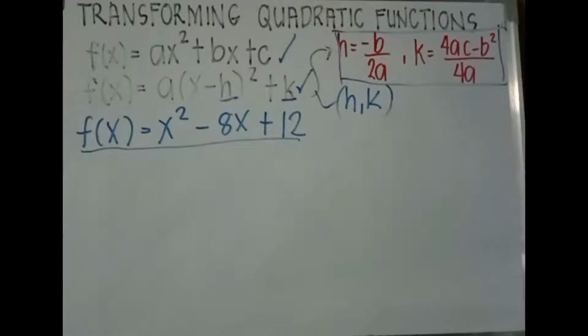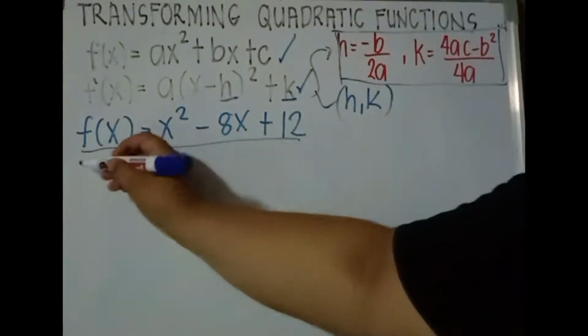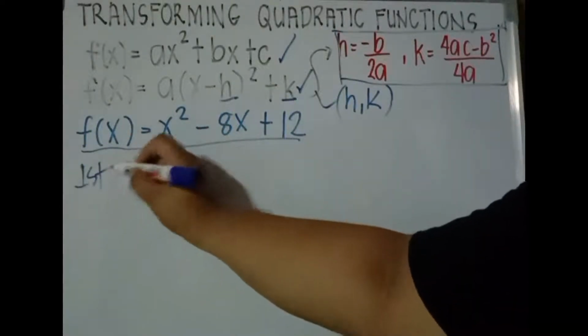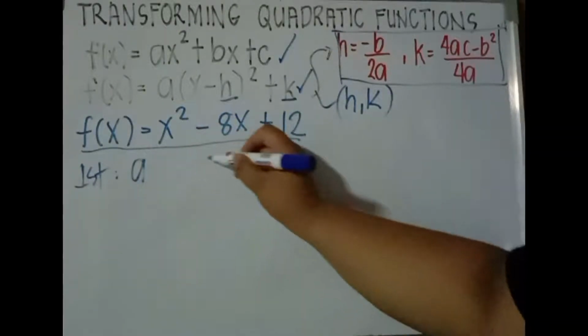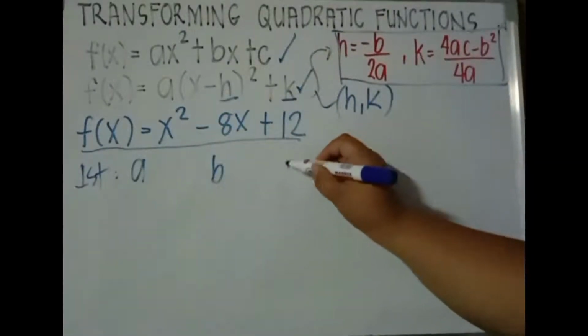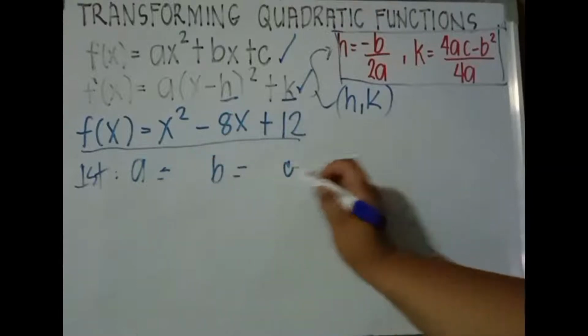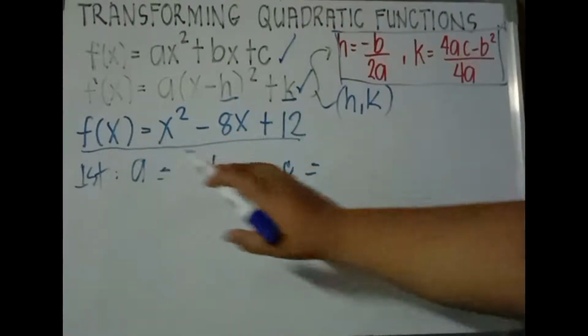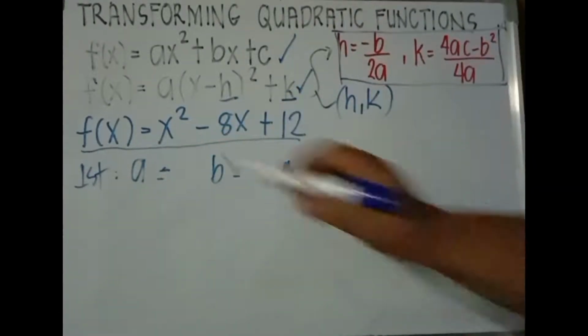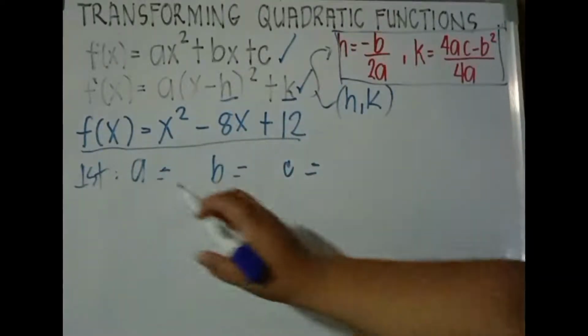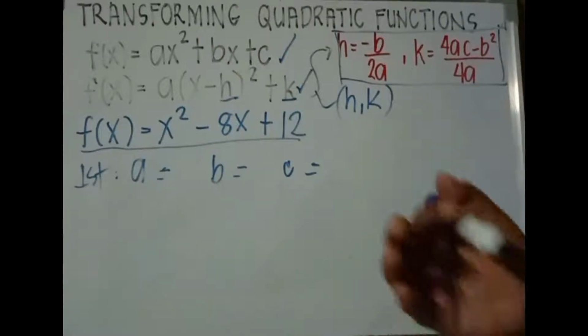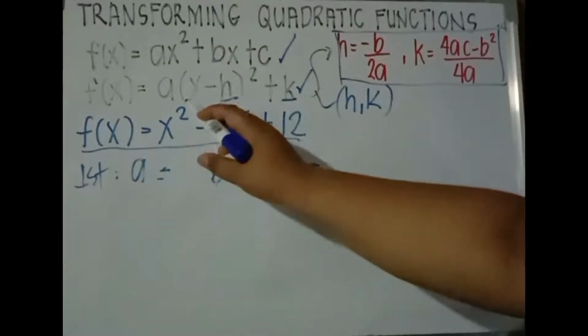f of x is equal to x squared minus 8x plus 12. The first step that you need to do is to get all the values of your a, your b, and your c. Based on this given equation, f of x is equal to x squared minus 8x plus 12, your a is the coefficient of your first term, x squared.